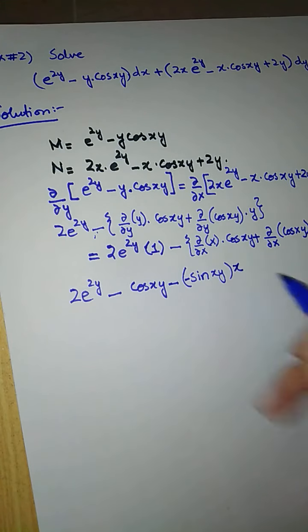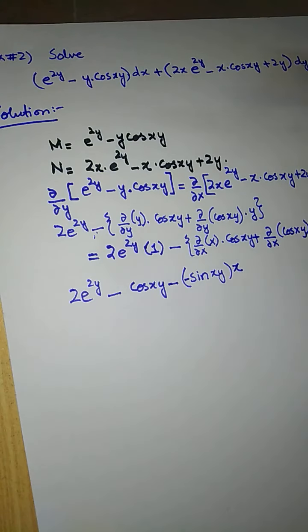The derivative of cos(theta) is minus sin(theta) times the derivative of theta, so minus sin(xy) times the derivative of xy. Just like cos(2y) has the derivative minus 2 sin(2y), since 2y has derivative 2.